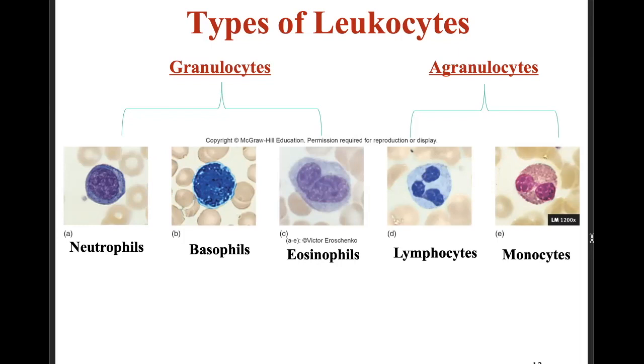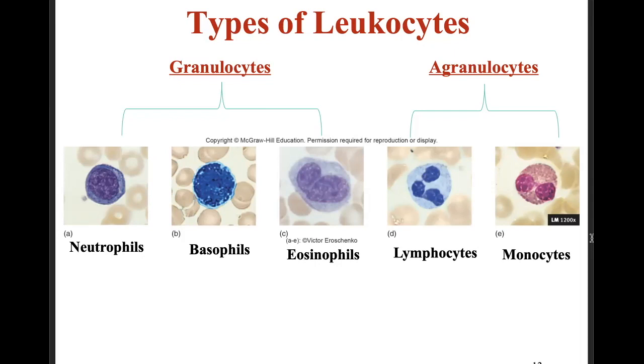Basophils are the least common. They release histamine, which is for your inflammatory reaction, and they also release heparin. Heparin is an anticoagulant. It prevents the formation of clots. Most common, neutrophils; least common, basophils. The last one is your eosinophils. These reduce inflammation, such as in your allergies and your asthma.